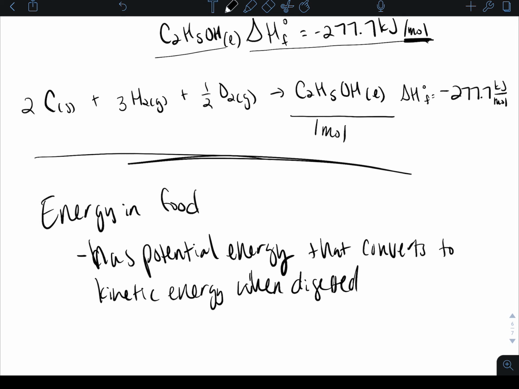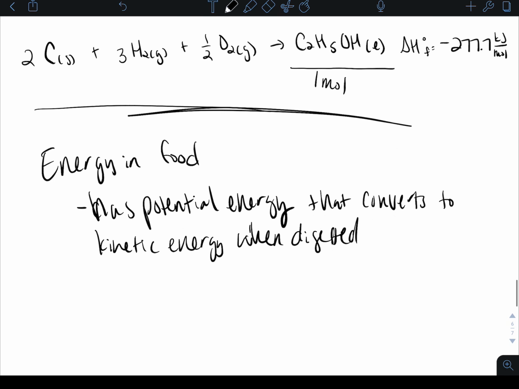It is oftentimes then also converted back to potential energy when it's stored as things like ATP. So it goes from potential energy to kinetic energy to potential energy again.